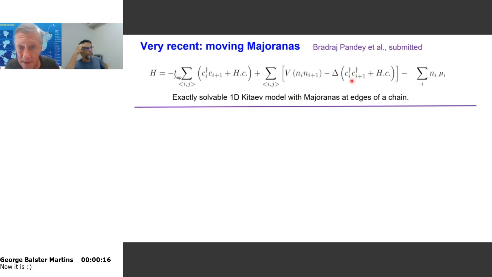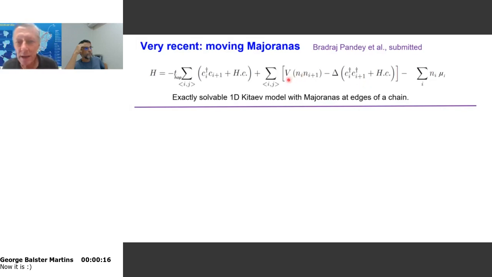Note that there is no spin index in the creation and destruction operators. There is no spin index because these are spinless, which is the same as saying they're all pointing the same way. So the superconductivity that you are creating here is a triplet superconductivity, which is the one that is the nicest for these Majoranas.